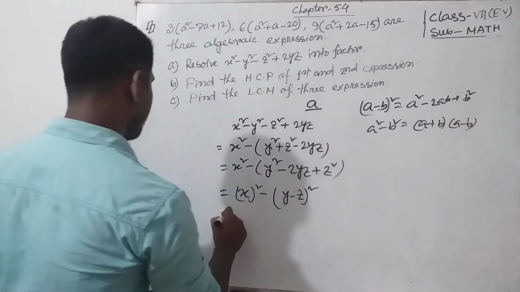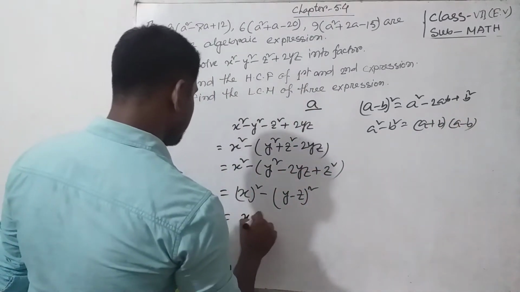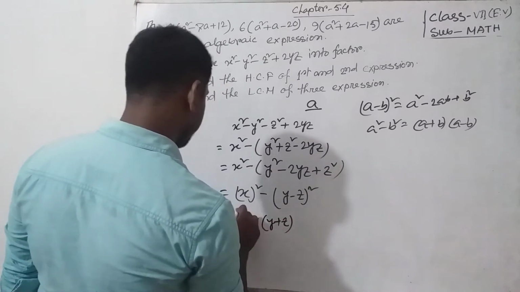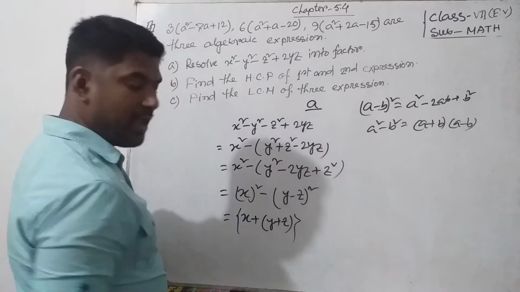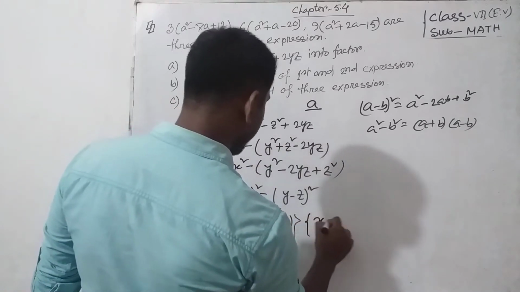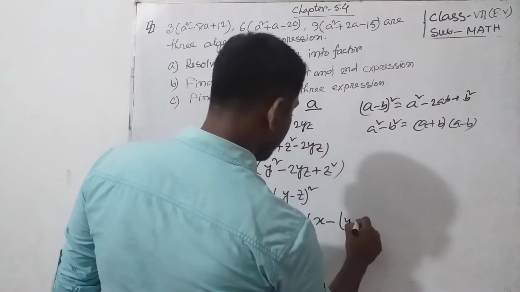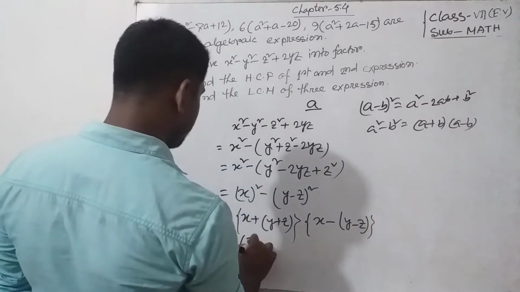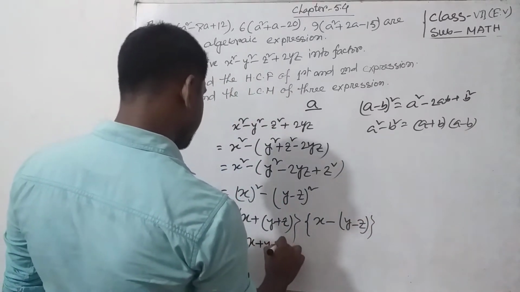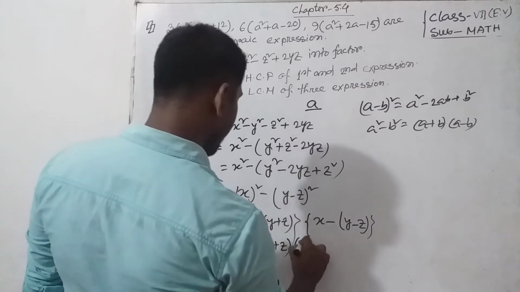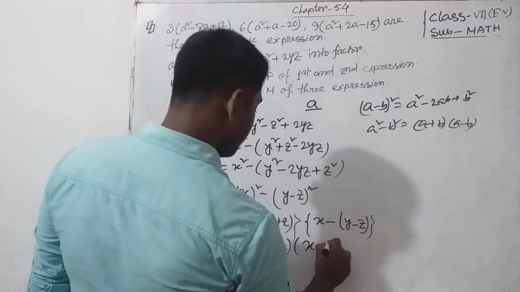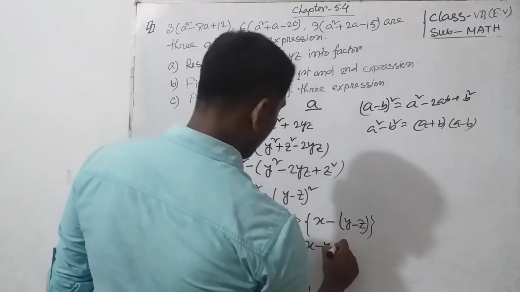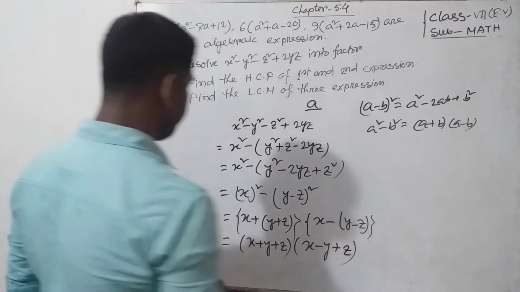So we can write it a plus b into a minus b. Here a means x and b means y minus z. So we can write it x plus y minus z into x minus y plus z.